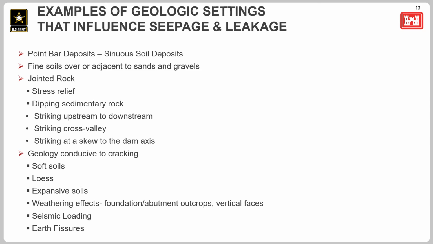We're looking for jointed rock, areas of stress relief, or dipping sedimentary rock, specifically striking upstream to downstream or cross valley, striking askew to the dam axis. Also look for geology that might be conducive to cracking: soft soils, wind-blown soils, expansive soils. Look for weathering effects, as well as cracking and earth fissures.